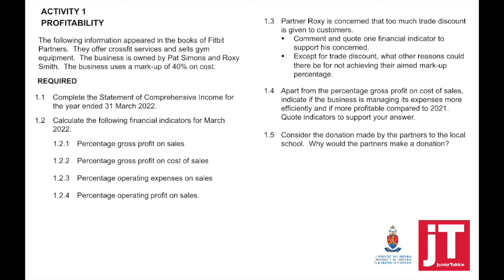Apart from the percentage gross profit on cost of sales, indicate if the business is managing its expenses more efficiently and if more profitable compared to 2021. Then 1.5, consider the donation made by the partners to the local school. Why would the partners make a donation? So these are the questions that we need to answer.